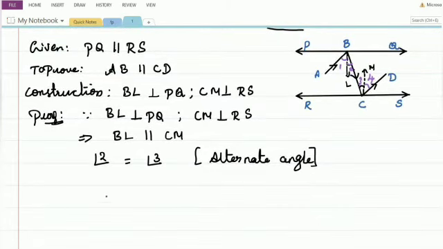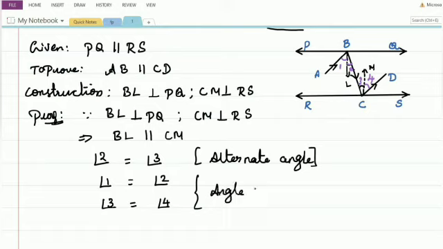Here 1 is the angle of incidence and 2 is the angle of reflection. So 1 will be equal to 2. Same way, angle 3 will be equal to angle 4 because angle of incidence is equal to angle of reflection.